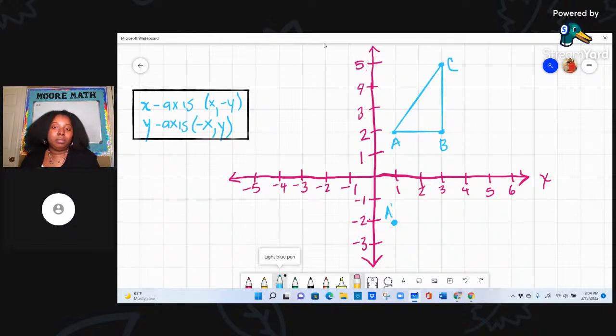And then B is 3, -2. Okay. And then C is 1, -3, -5. Okay. So real quick, now is this reflected over the x-axis or the y-axis?